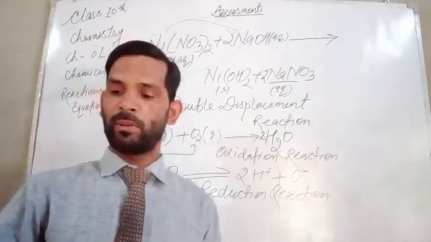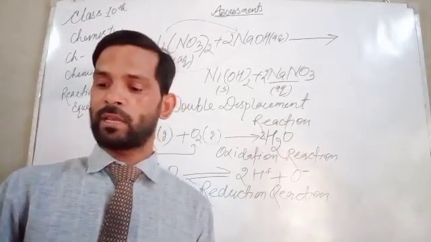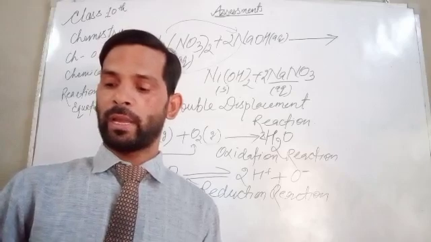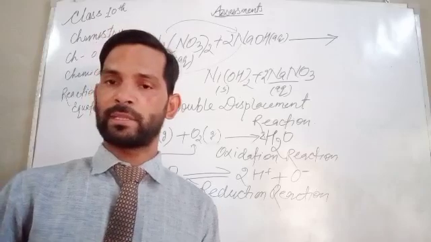Now there is question number B. In the experiment set up for the electrolysis of water, hydrogen and oxygen gases are produced at the cathode and anode respectively. Mention the ratio of the volume of hydrogen and oxygen gases.